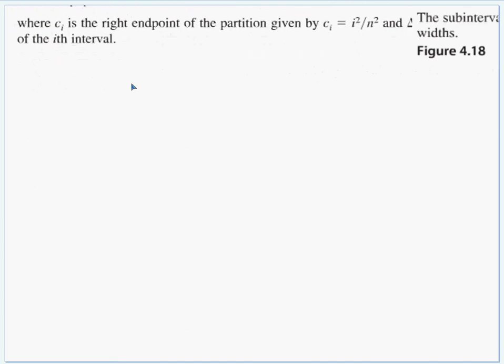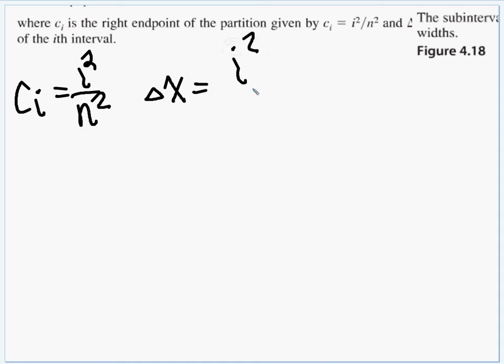So where do we begin? Well, they told us that c sub i is equal to i squared over n squared. So delta x, the width of any rectangle's base, is going to be this right endpoint, i squared over n squared, minus the point that would be right next door.